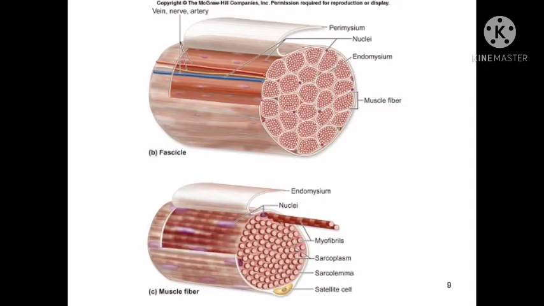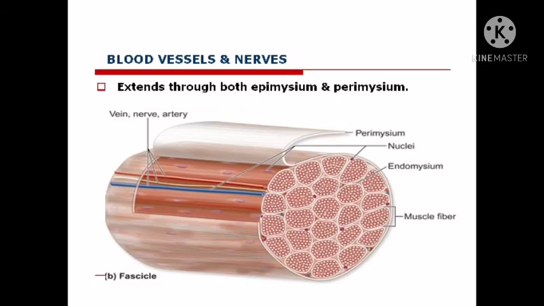In this slide you can see the perimysium enclosing the fascicle, and in another diagram the muscle fiber enclosed in the endomysium. You can see very well in this fascicular diagram the neurovascular bundle: the vein, the nerve, and the artery.